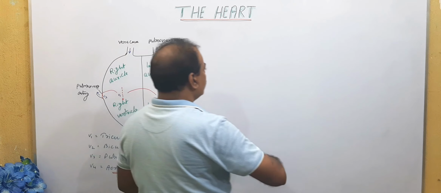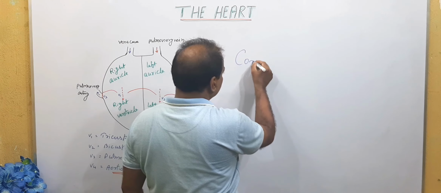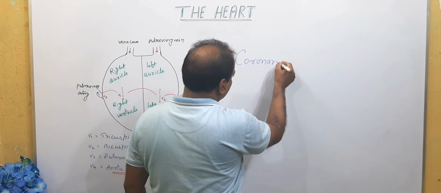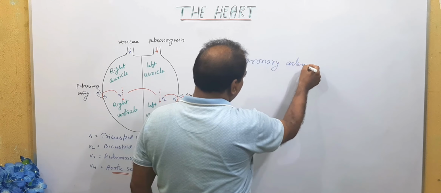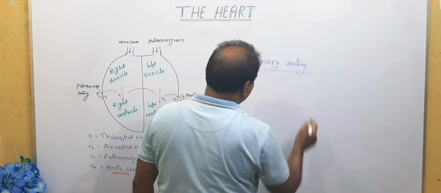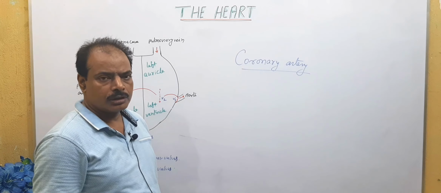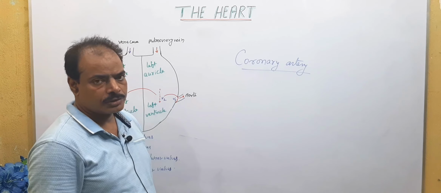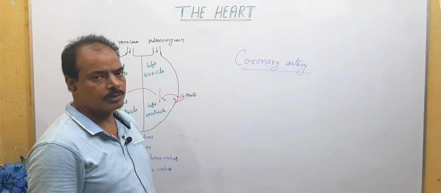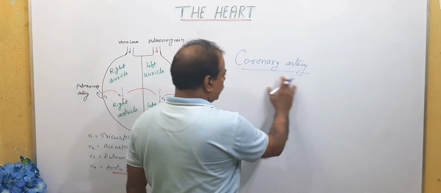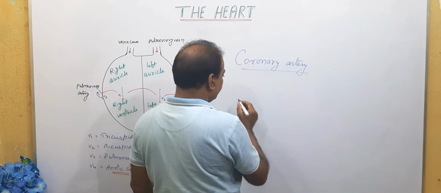Now coronary artery. Coronary artery is the artery which supplies oxygenated blood to the cardiac muscles present on the chambers or the septum of the chambers. So coronary artery supplies oxygenated blood.